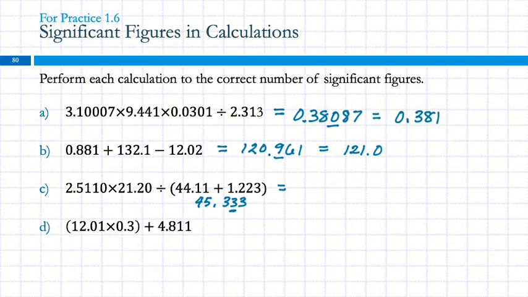So my answer should have 4 significant figures. So as I write it down from my calculator, I've got 1.174. There's my 4th digit. I'm going to underline it and write down the next 2 digits. And then I'm going to round that. It's going to be 1.174. Okay?